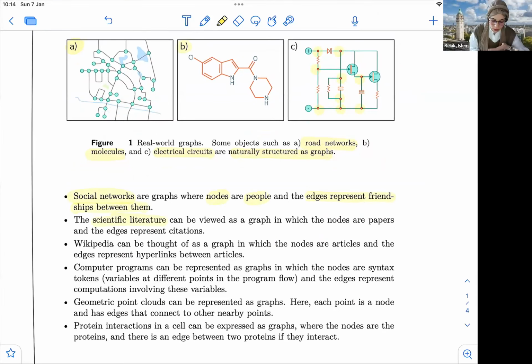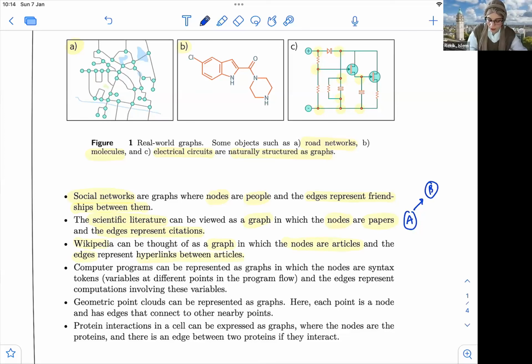The scientific literature where you publish papers, you can model as a graph where the nodes represent papers and the edges represent, for example, citations, which means a paper A will cite a paper B. Wikipedia also is a graph where nodes represent articles and the edges represent hyperlinks between articles.